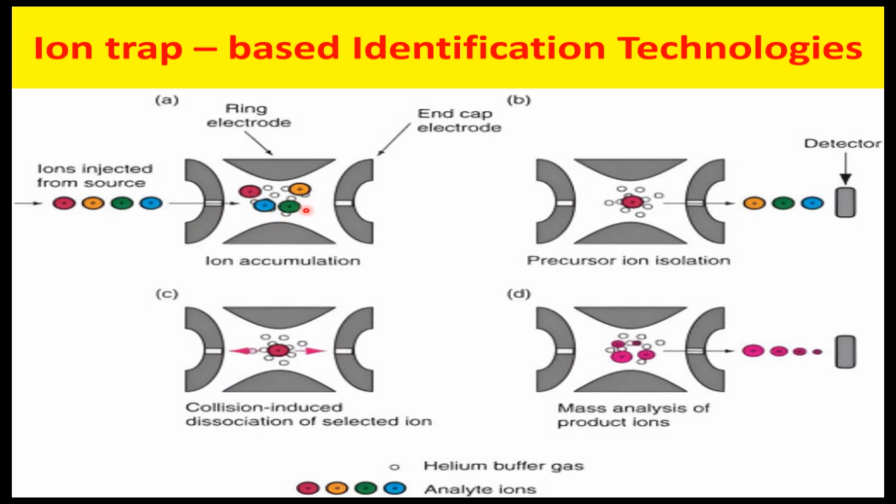Apart from the precursor ion, we make the other ions go out and make them incident on the detector. Only the precursor ion, the ion in which we are interested, is made to remain at the center, and the other ions are sent out onto the detector.